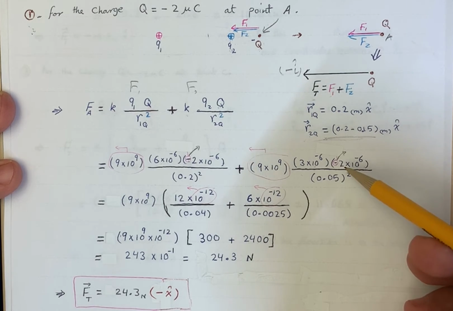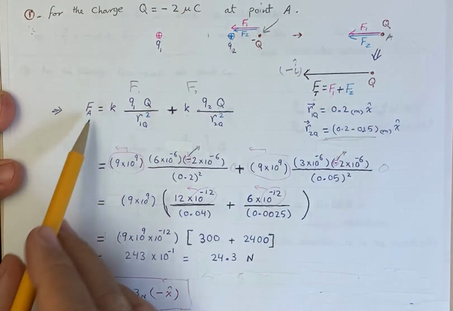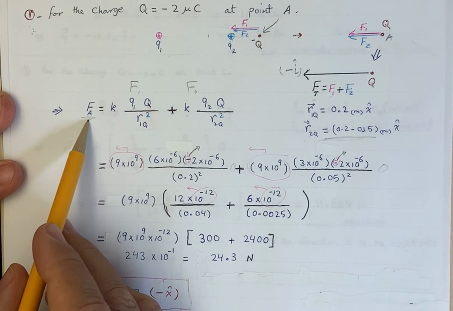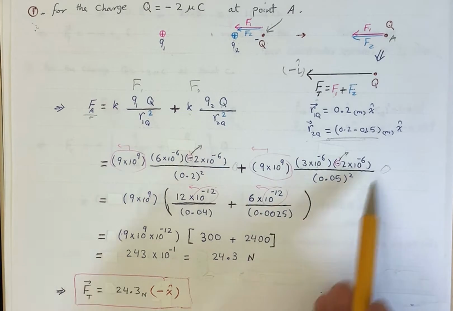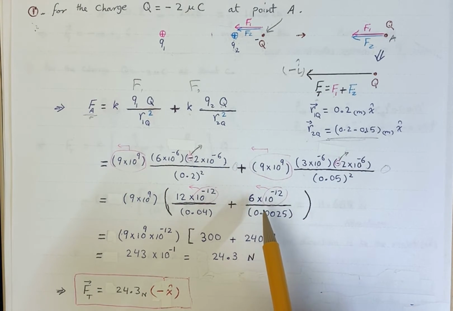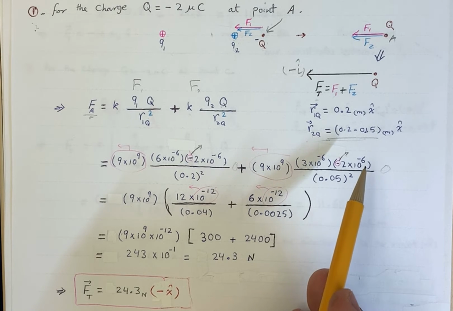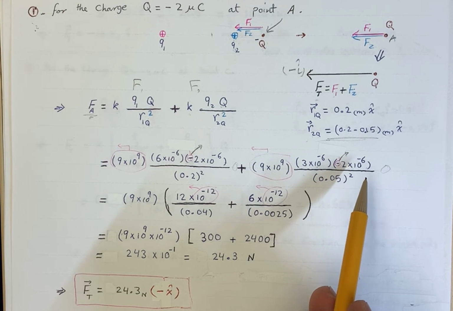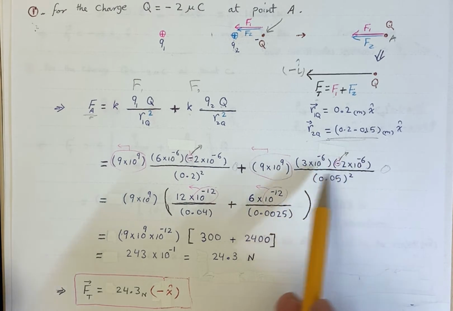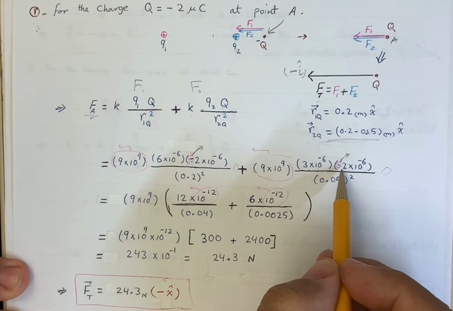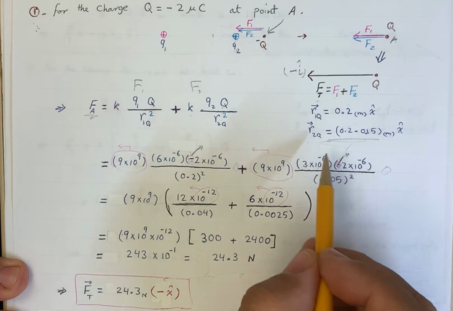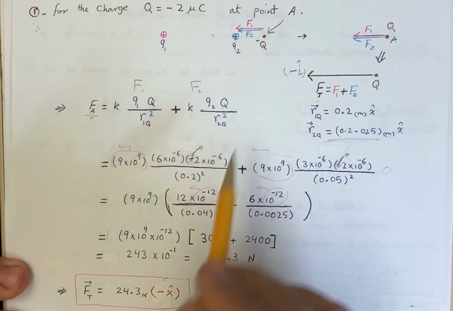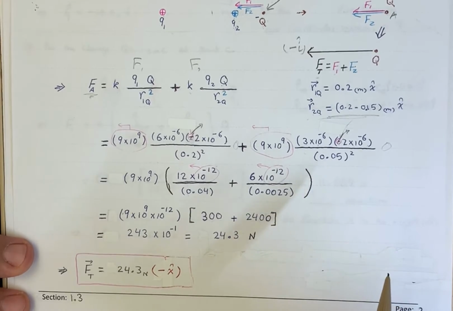There is another way, where I deal with F as a vector and use i hat here and here, with a negative sign. It's the same way of solution, but different steps. So I just show it to you here, but I will not use it. I will drop it because I already used it to find the direction.